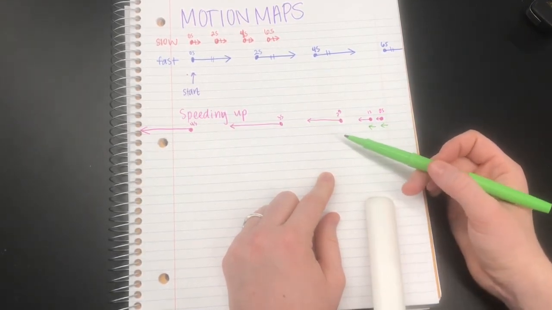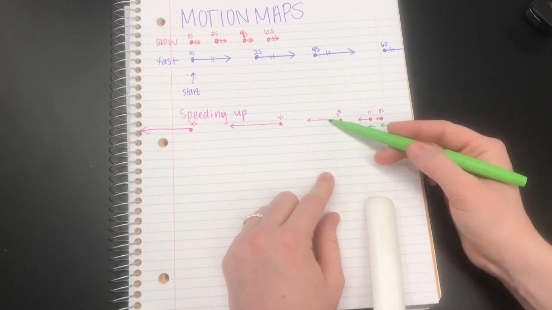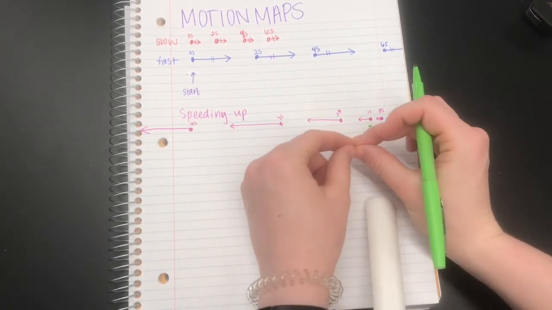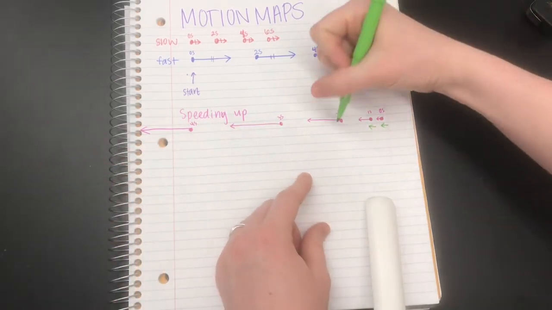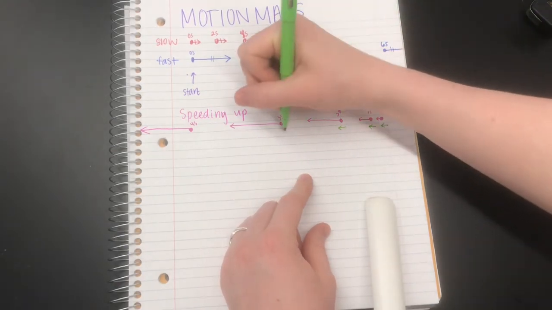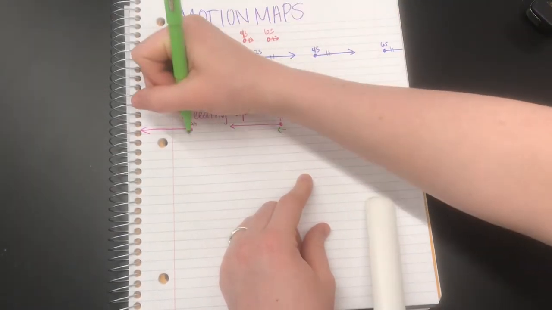Now again, to go from this vector to this vector that represent velocity, I would want to stretch my velocity vector. Same thing.